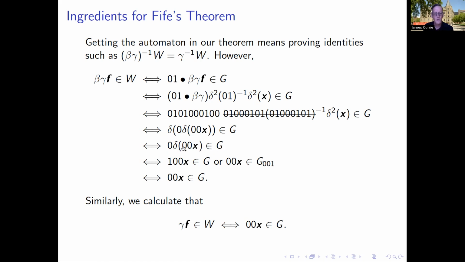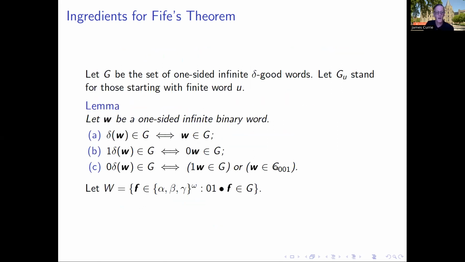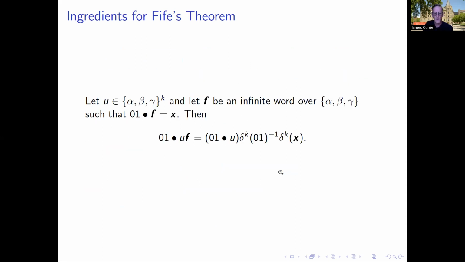That happens if and only if 1, so 0 delta W is good if and only if 1 W is good, or W belongs to G001. If I flip back, I'm using these relations. So 0 delta W is good if and only if 1 W is good, or W belongs to G001.